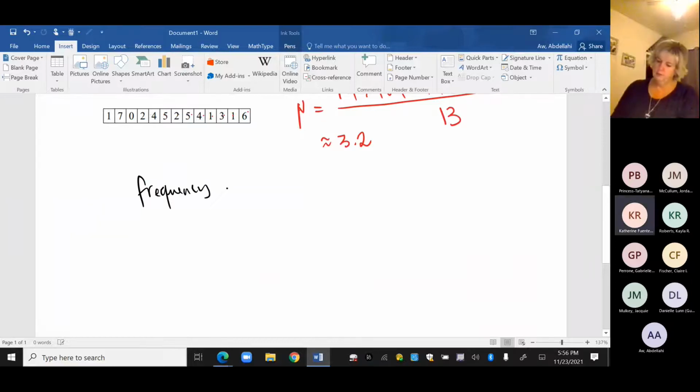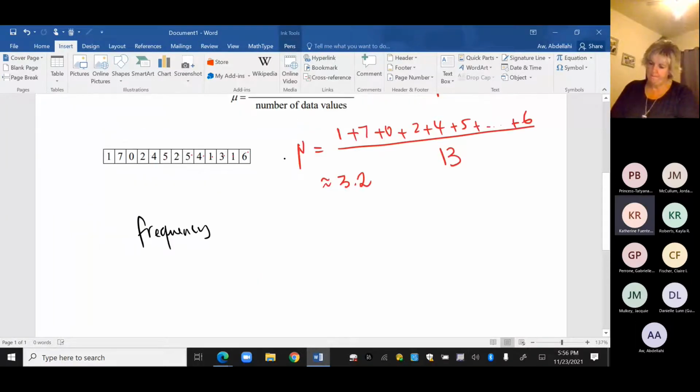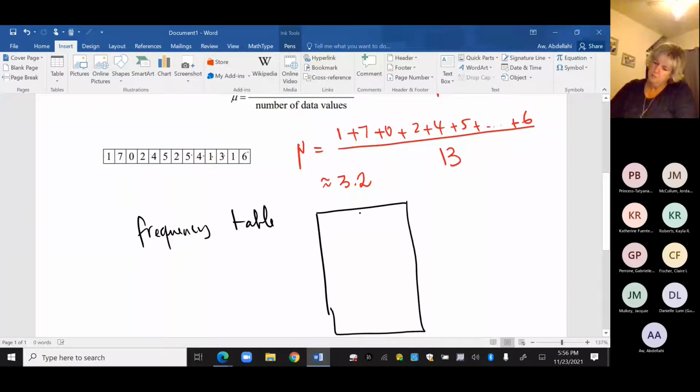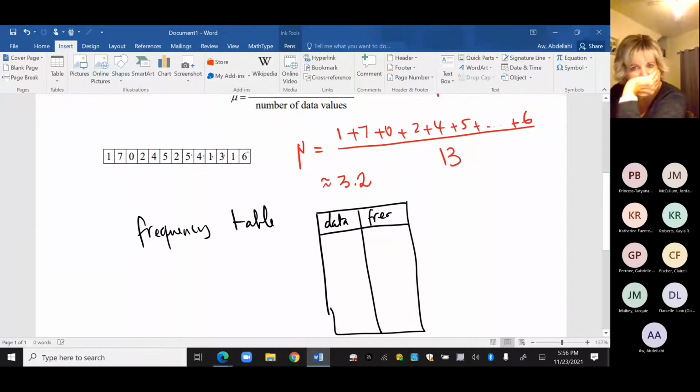So if you have this frequency table right here. Can you go up a little, please? Yeah, right. Okay. If you have this frequency table, it says that is the data, that is a frequency.